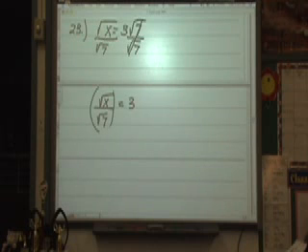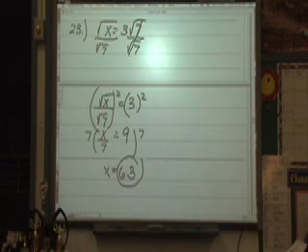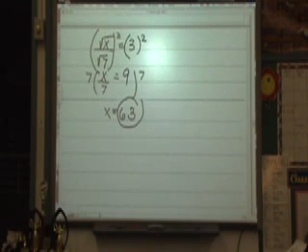I can square this side and square this side, and I get x over 7 equals 9. Then multiply both sides by 7, x equals 63. If you're not assigned the B section, you can stop and start working on the evens.